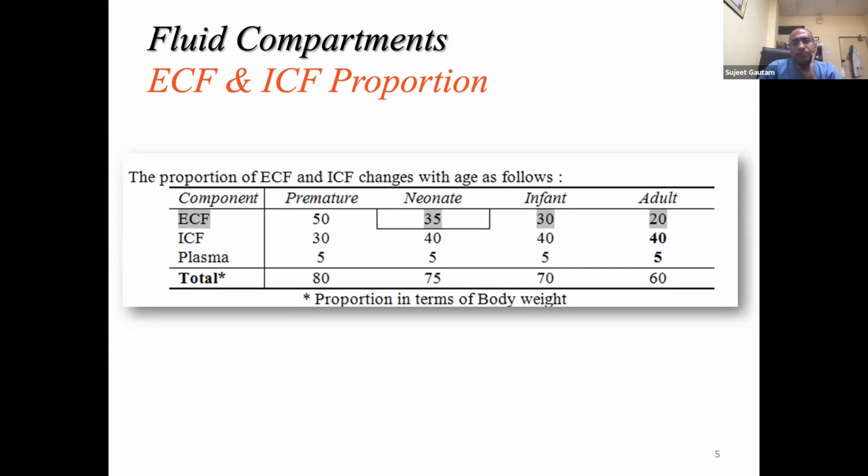This shrinkage is primarily because of the shrinking of the fluid in the extracellular compartment, from roughly 30 to 40% at the time of birth to around 20% at the time of adulthood. The intracellular compartment, as you can see, remains almost constant. And this shrinkage is because of the interstitial space shrinking as one moves towards old age.